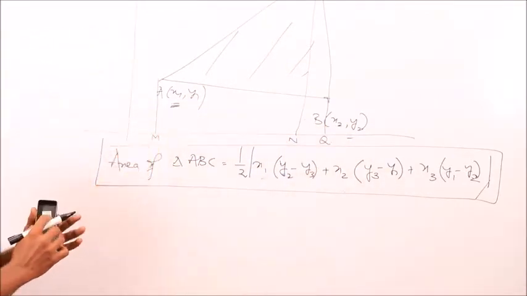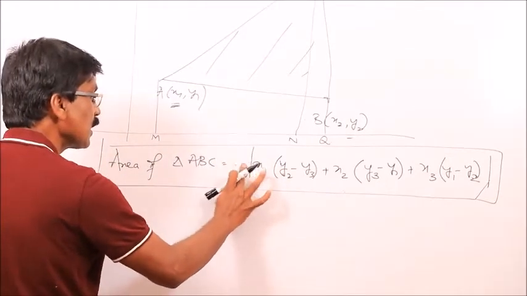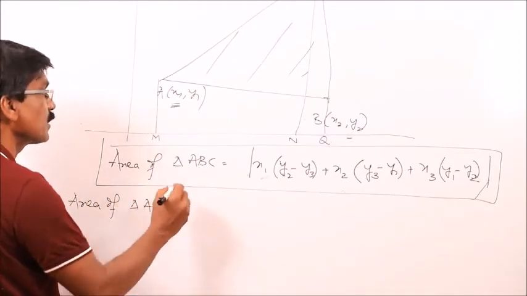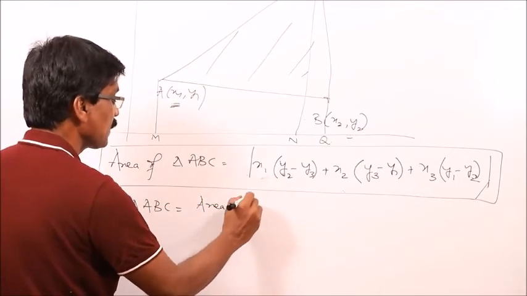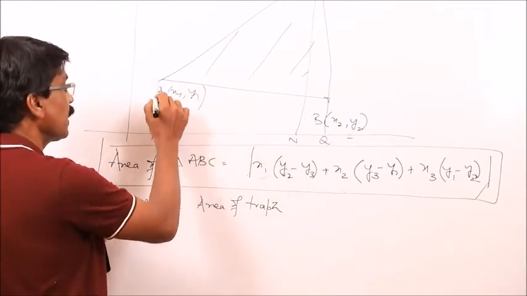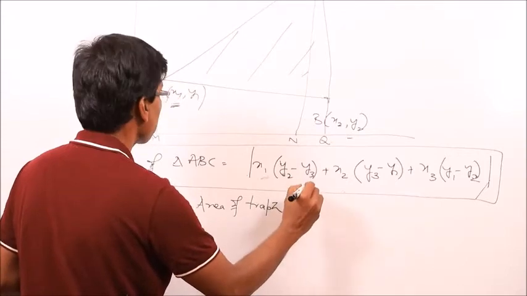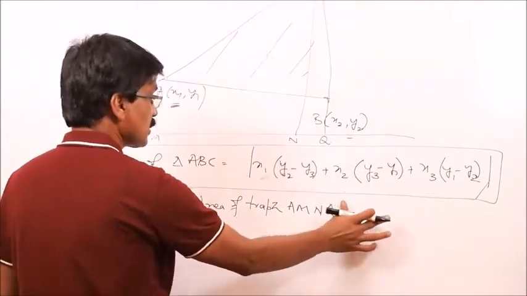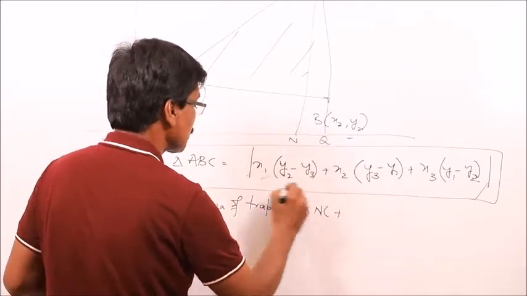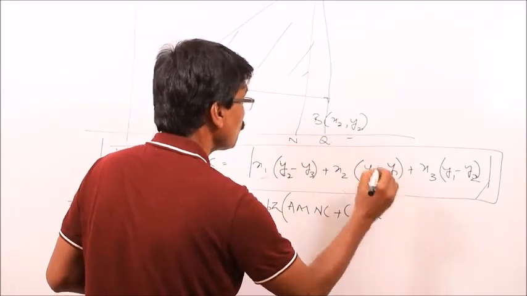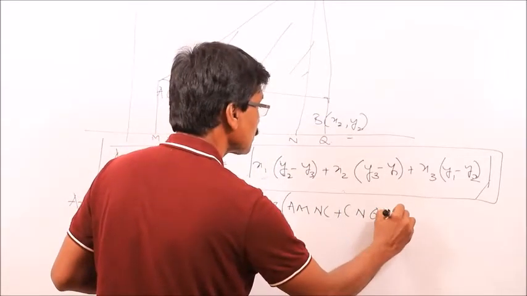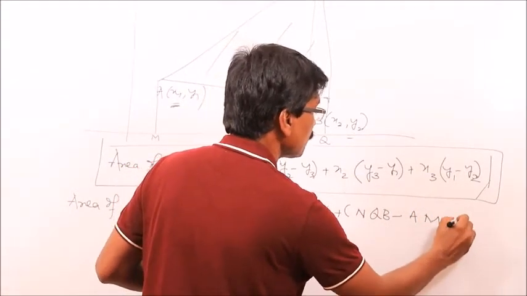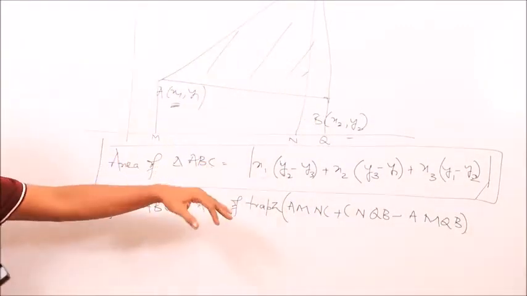Obviously the area of triangle ABC is the area of trapezium AMNC plus CNQB minus AMQB. So it can be proved accordingly.